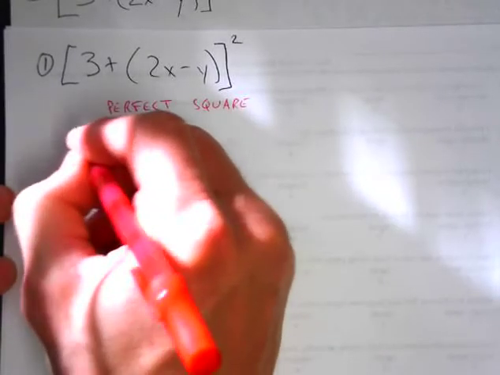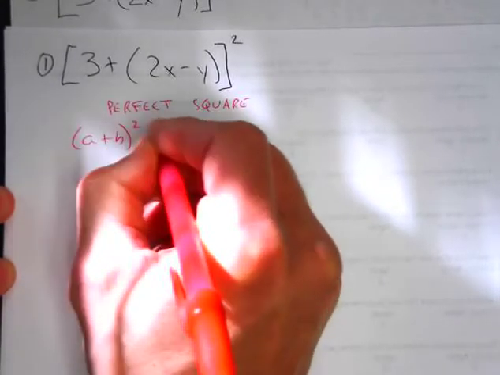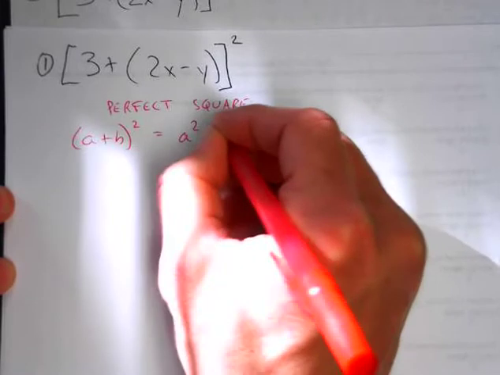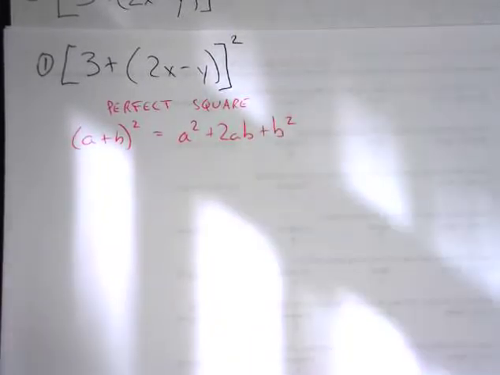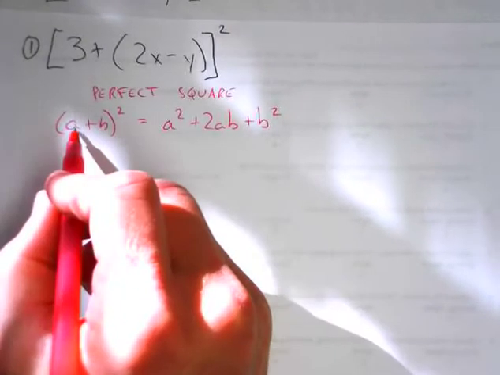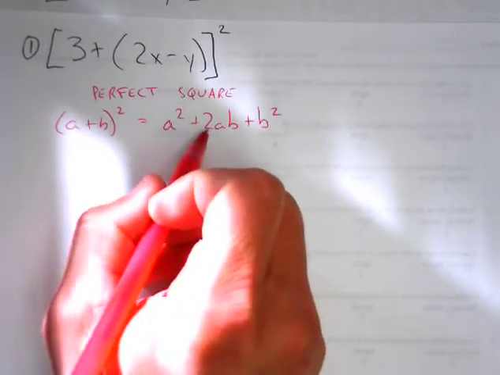If you remember how a perfect square works, it's that little form that we had talked about in the last lesson on special products. And as you see, this is exactly what is occurring, right? So we have a plus b raised to the second power, a squared plus 2ab plus b squared.